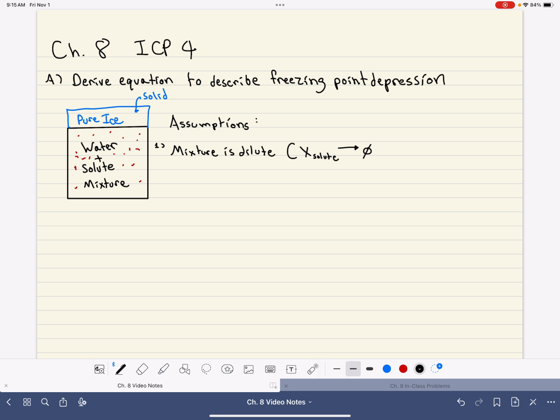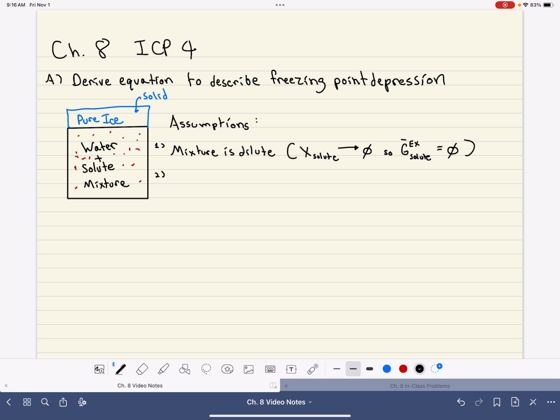The reason for making that assumption is so that we can consider that the excess partial molar Gibbs energy of the solute is also 0.